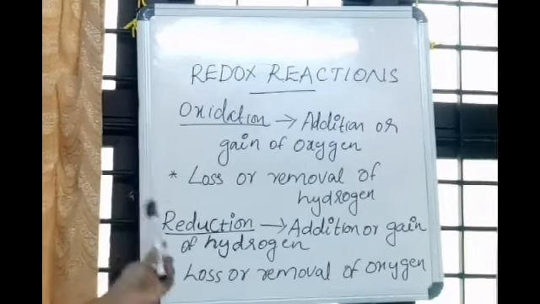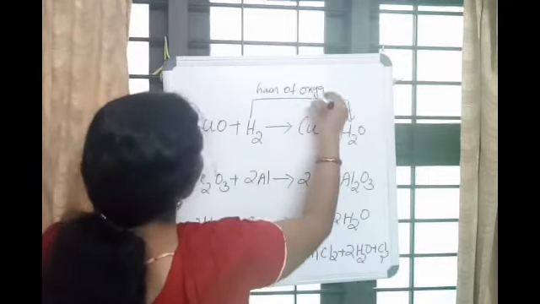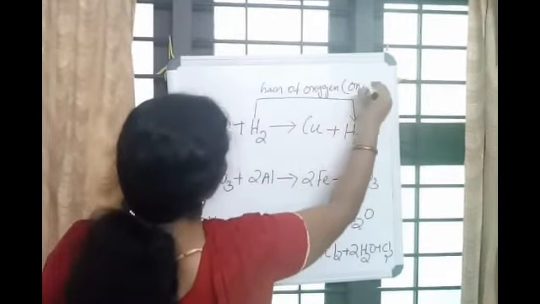How does it change to water? Because hydrogen gains oxygen. What is gain of oxygen? Gain of oxygen is oxidation. Hydrogen gains oxygen to form water.